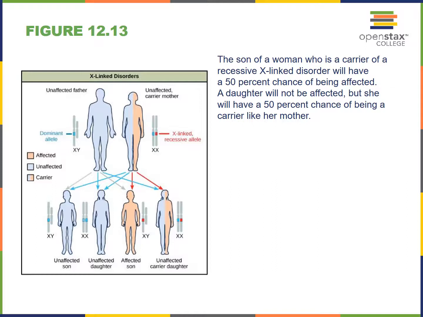Males only have one X chromosome, so they do not get 2 copies. So if they have one recessive copy, one recessive allele, that's enough to give them a disease or a disorder. And some examples of X-linked disorders include color blindness and male pattern baldness and hemophilia.